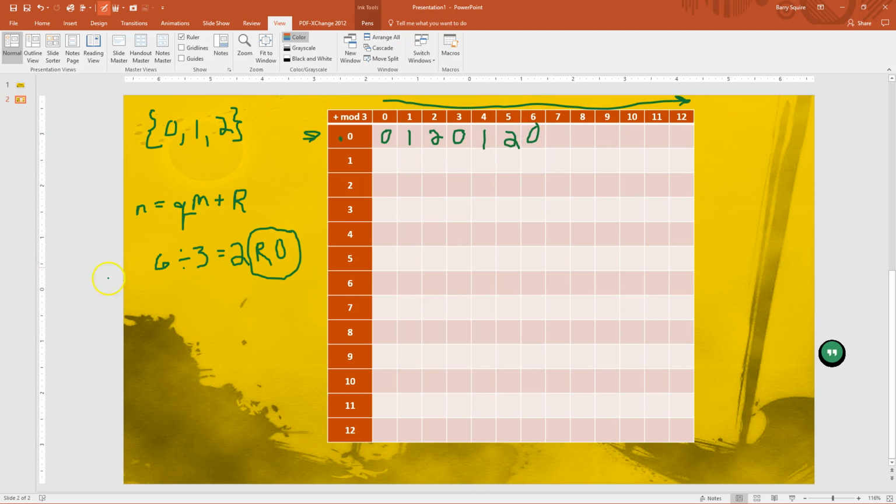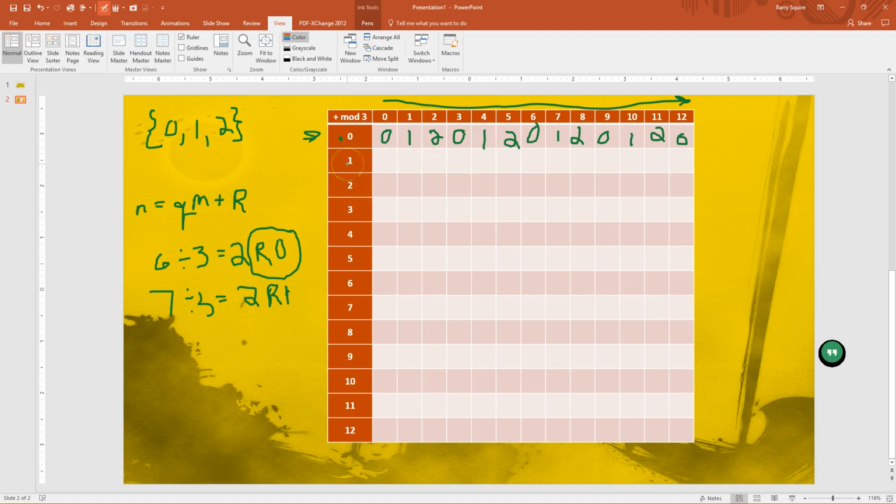Same thing with 7. 7 divided by 3 is going to equal 2 with a remainder of 1. Yeah, we're going back a few years and dealing with remainders again. So we've got 1, and this continues. That's one of the nice things about addition. 1, 2, 0.